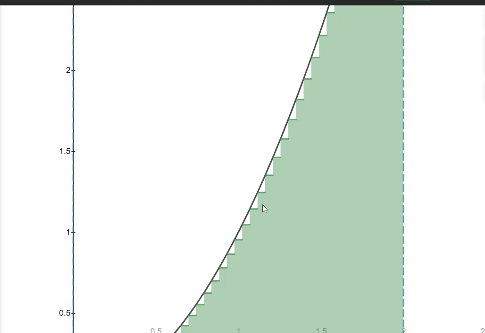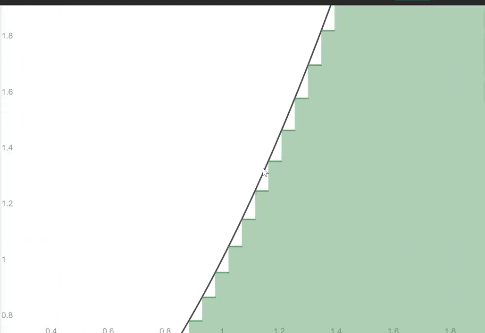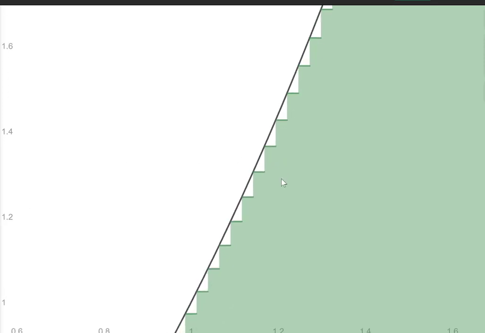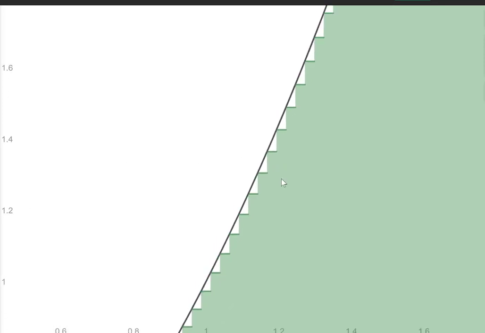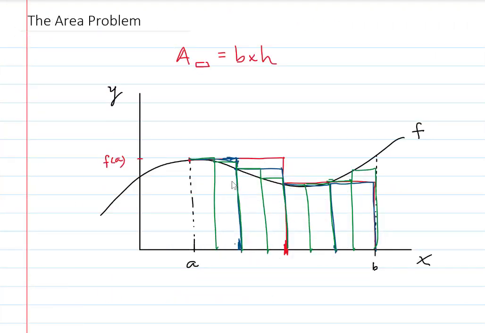Same thing here. Even if it starts looking like it's filling all that area, the more you zoom in, you see that, oh, there's still a lot of gaps everywhere, right? And even if I increase the number, the gaps start getting smaller again, right? Better approximation, but I can still keep zooming in. So finding the area under the curve exactly gives the motivation for integral calculus.